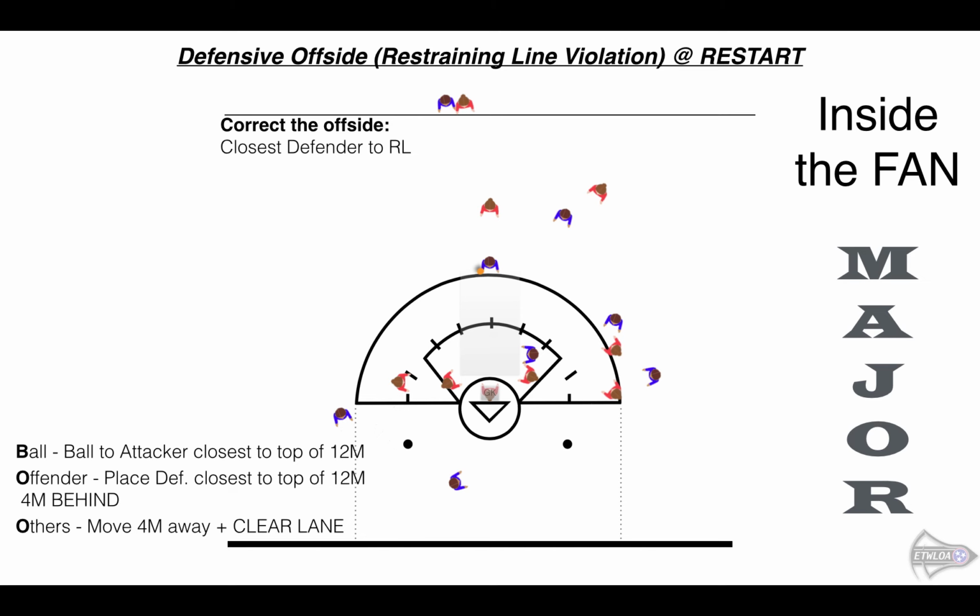The attack player in blue closest to the 12-meter is set up at the top of the 12-meter. The defensive red player closest to the top of the 12-meter is set up 4 meters behind the top of the 12-meter, or the free position shot. And as you can see, the lane is cleared prior to the lead restarting play.